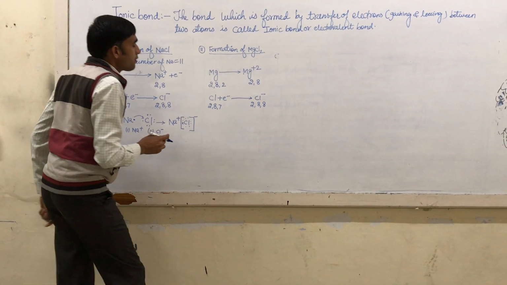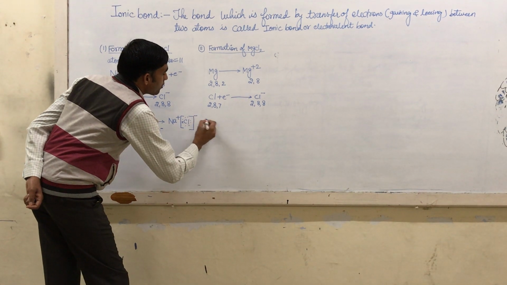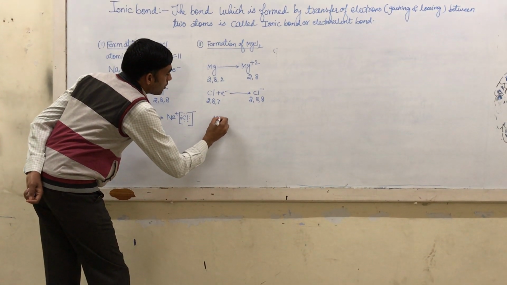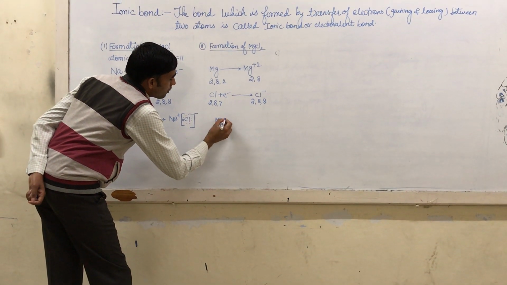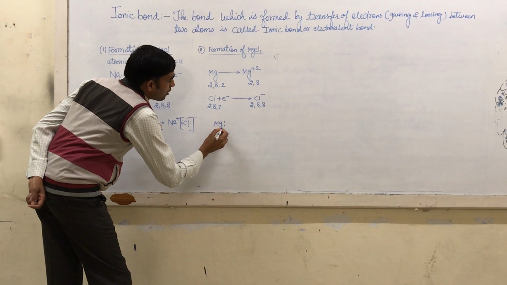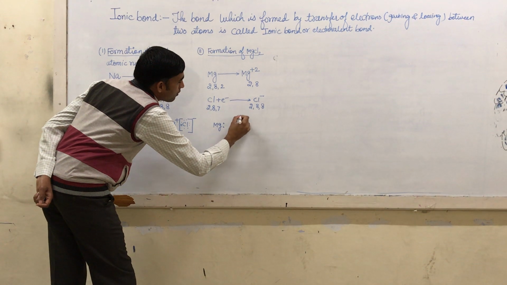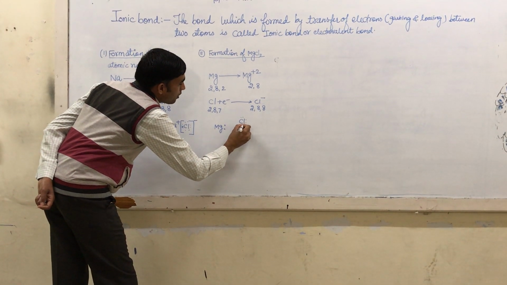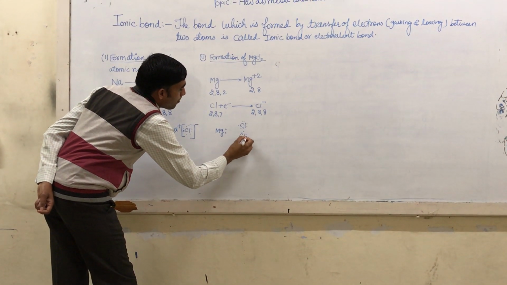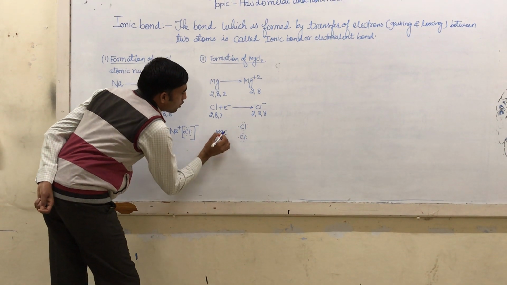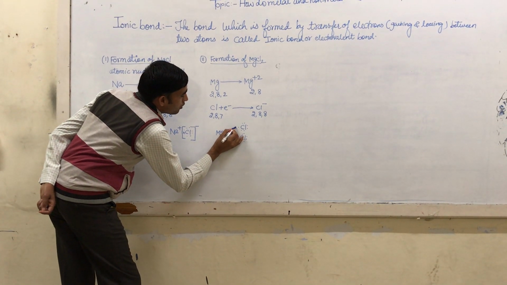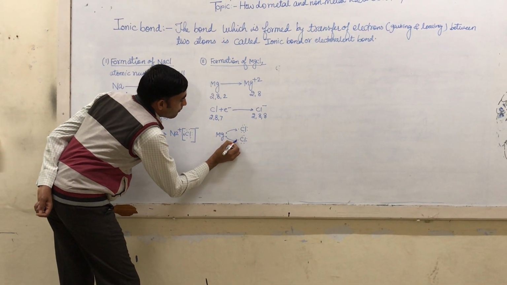Being opposite ions, they come in contact with a force like this. Magnesium contains 2 valence electrons and chlorine has 7 in its valence shell. So magnesium transfers 1 electron to this chlorine and another to this one.